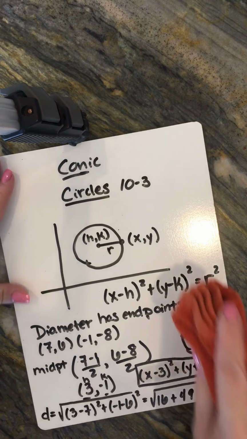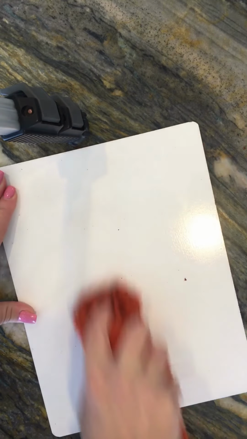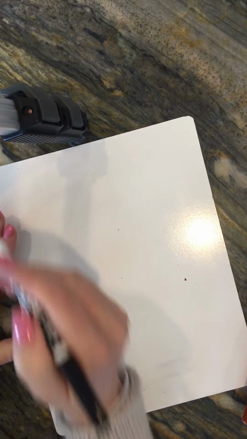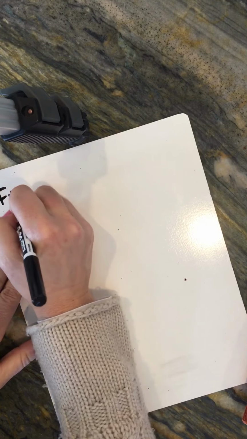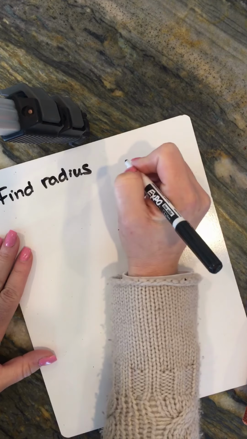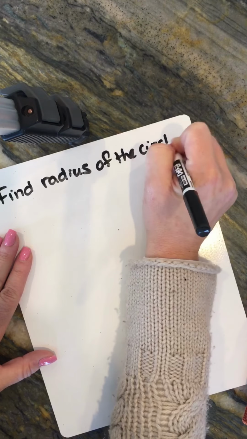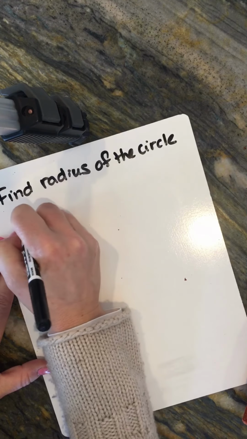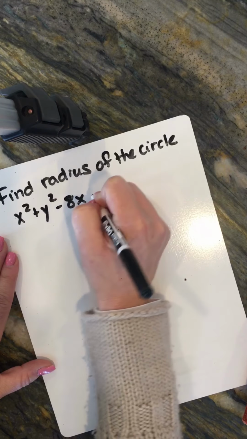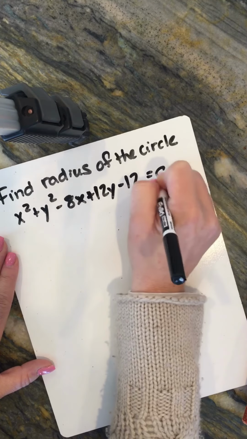Okay, back at it. So we're going to do a little algebra 1 on this guy. We have to find the radius of the circle. And our circle is x squared plus y squared minus 8x plus 12y minus 12 equals 0.